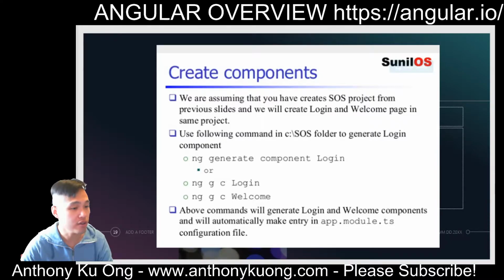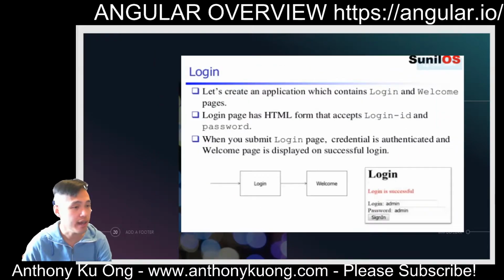By default, you'll have your TS file, and you'll have a spec file which runs a unit test, and a template. Generally speaking, you would have an HTML page or a template to present the data, and your TS would have any type of logic, your lifecycle hooks, on what you want to do.